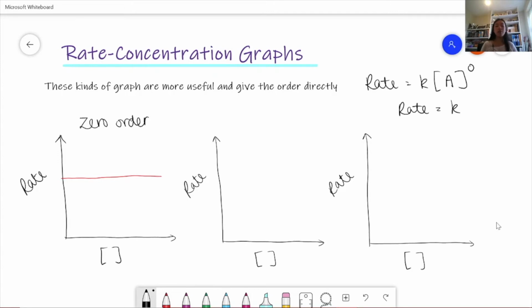And that means that no matter what concentration we have of this A, the rate won't change, because the only thing that determines the rate is the rate constant. And so that's why the gradient of this line is 0.